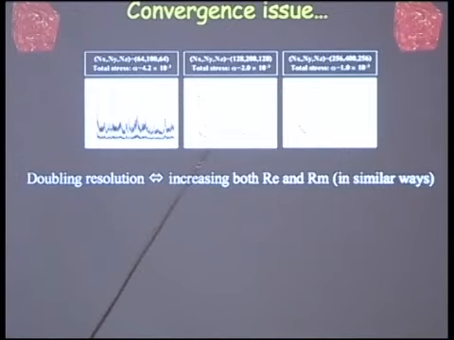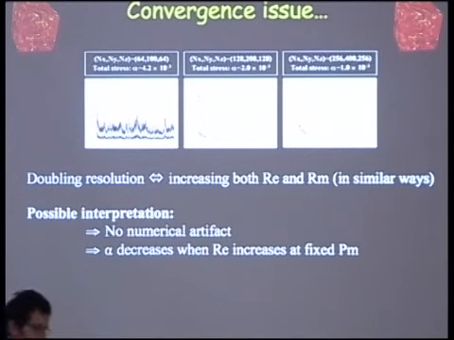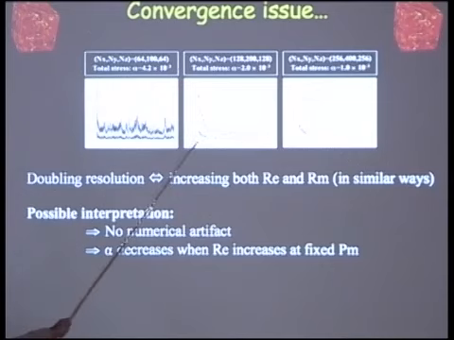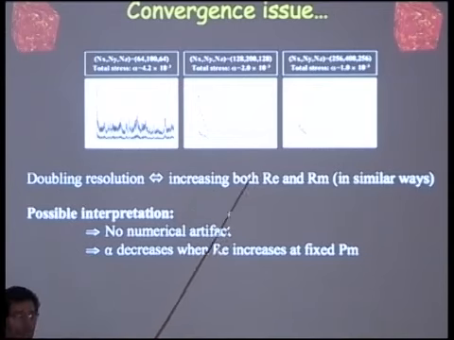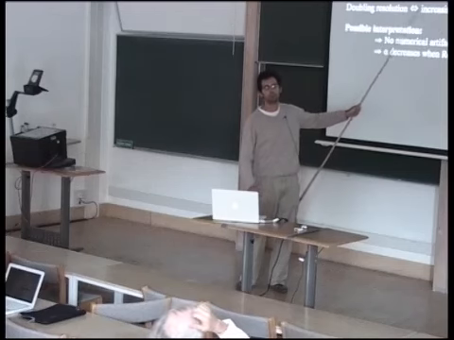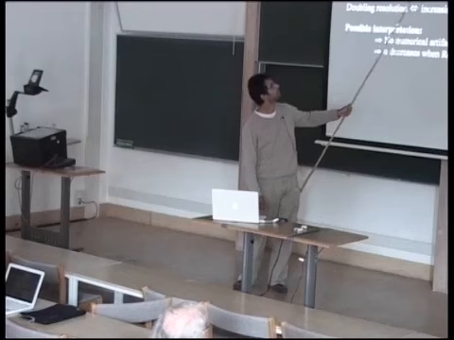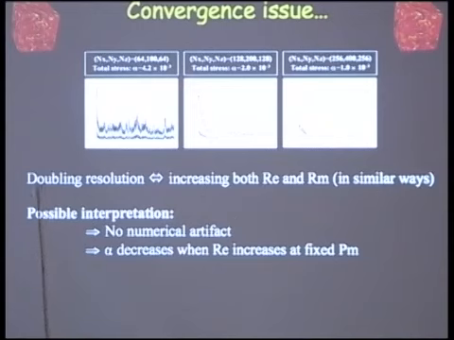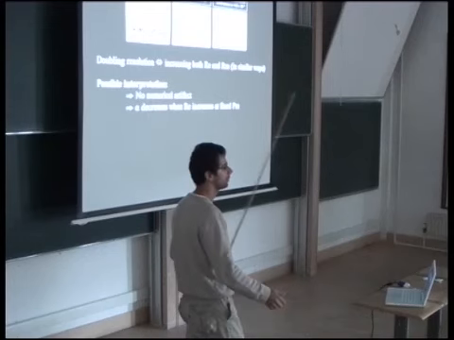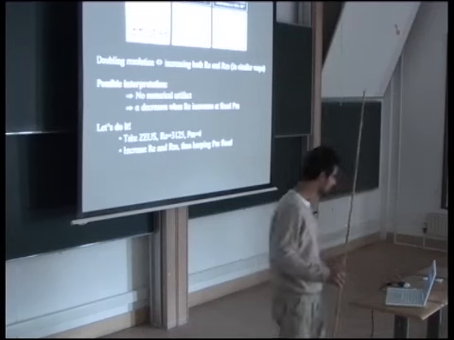So you can interpret this result, and that's the good scenario, I'd say, one in which numerical dissipation is behaving in a physical way, as saying that alpha decreases when the Reynolds number increases at a fixed ratio of viscosity over resistivity. Because what you expect to be doing in this scenario is going from here to here, you decrease viscosity and resistivity roughly in the same way so that their ratio is a constant. So that's a possible interpretation of these results.